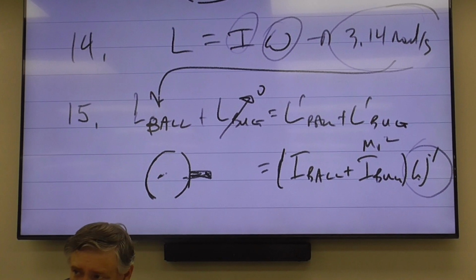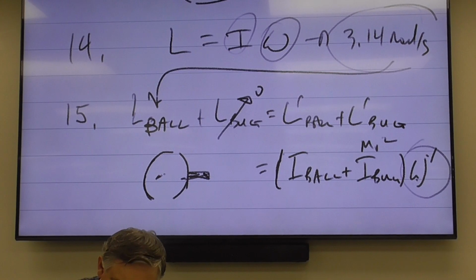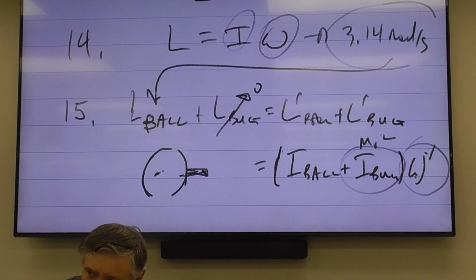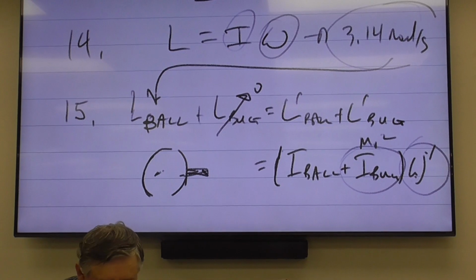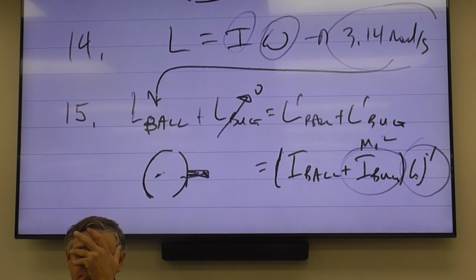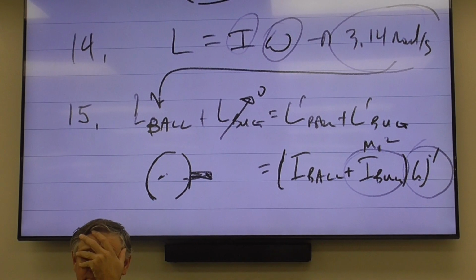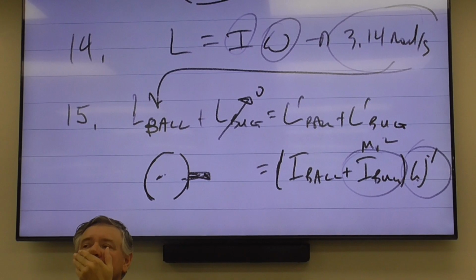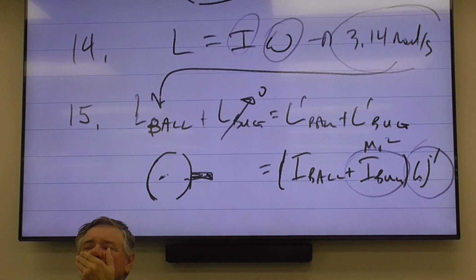Perfect. I'm guessing you might have screwed up the moment of inertia of the bug. What do you have for the moment of inertia of the bug? Nothing. Wait, so how did you get a different number? No one knows.